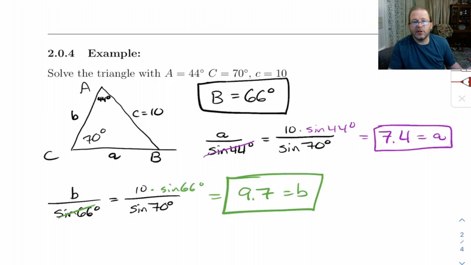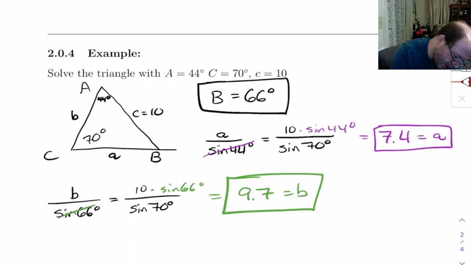All right, and that's pretty much all there is to these angle-angle-side and angle-side-angle problems. Actually, I didn't even say what this type of problem was. It doesn't really matter what type of problem it is, between these two types of problems. Well, let's see, what is this?